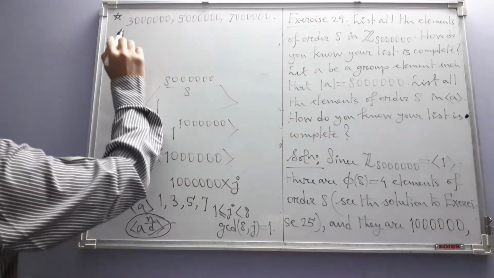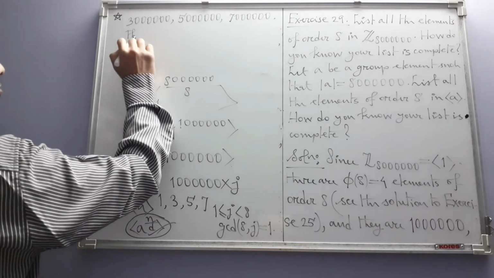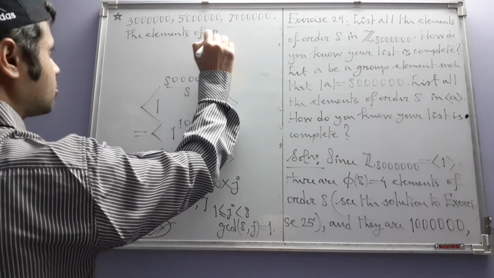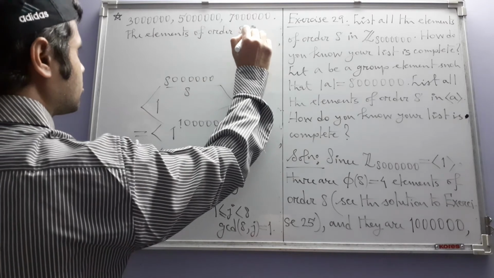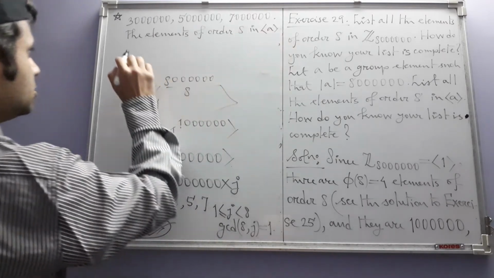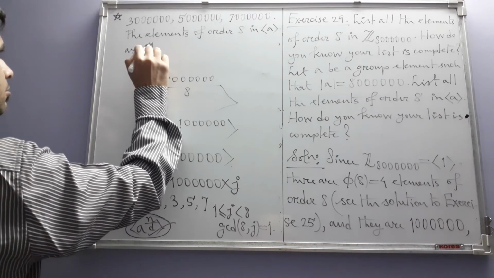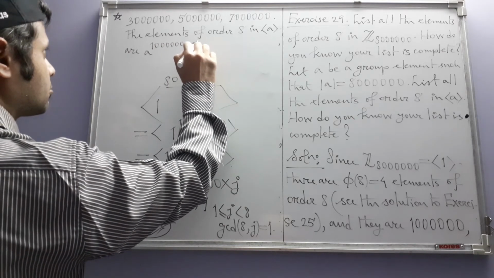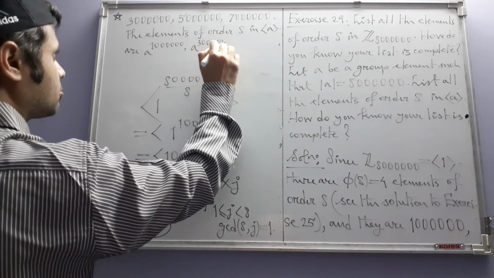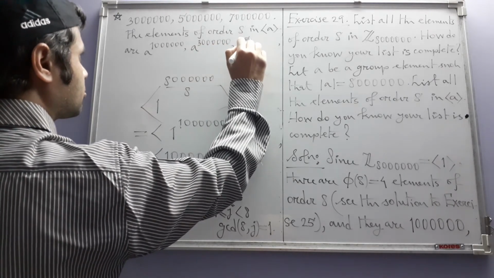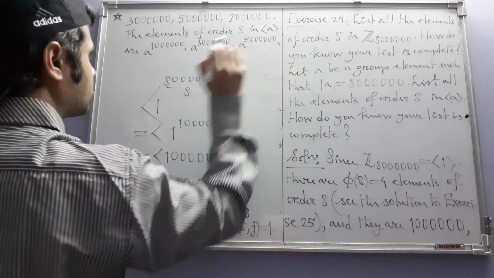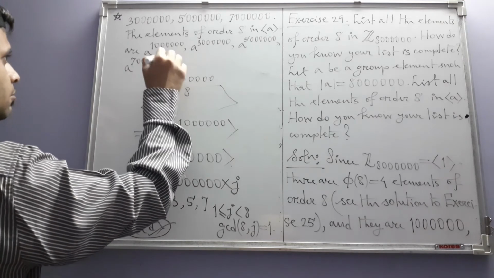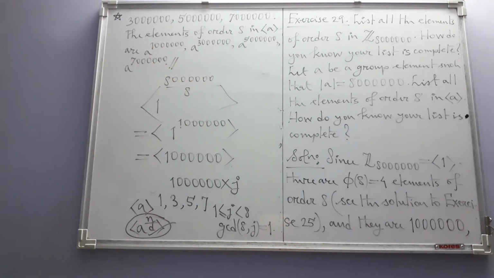List all the elements of order 8. The elements in these are... so that's where the solution ends.